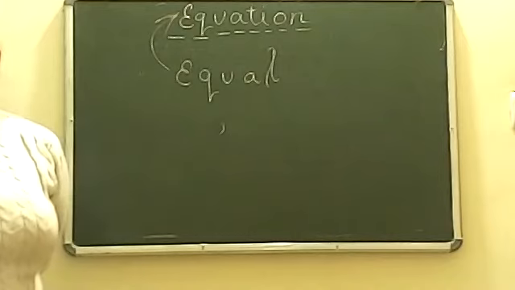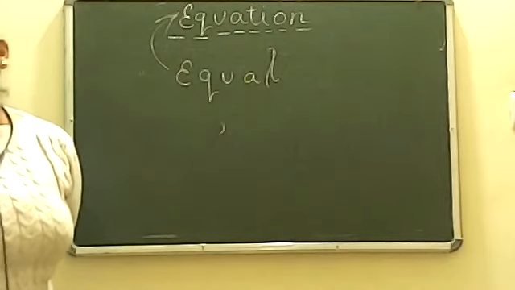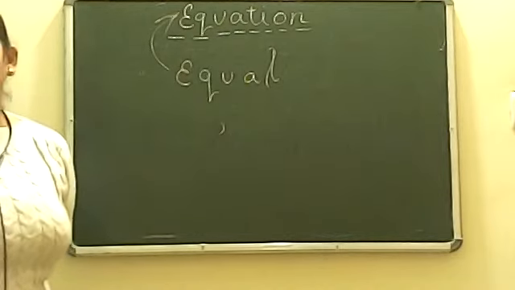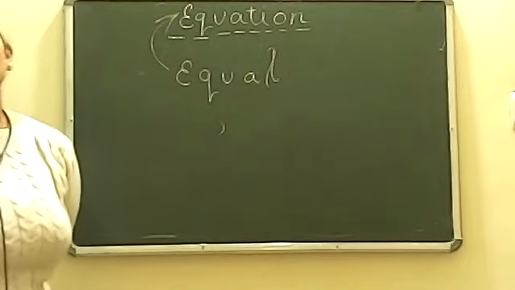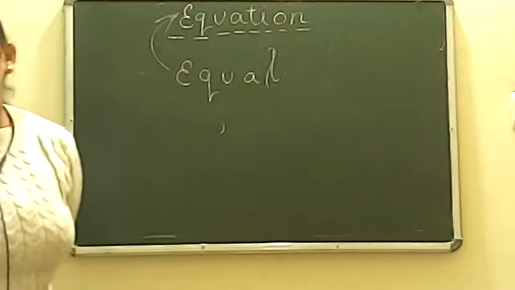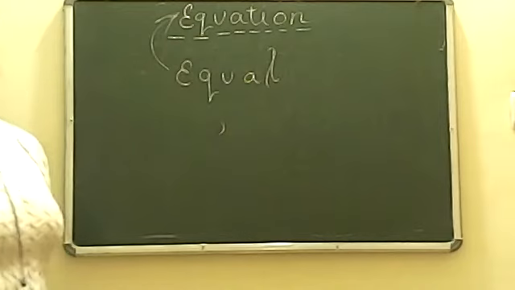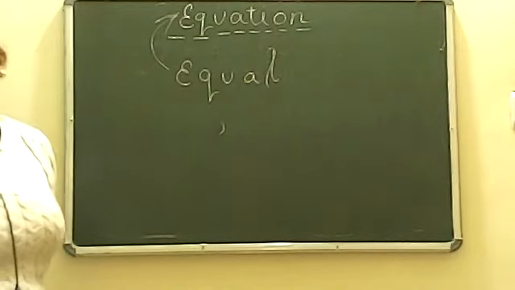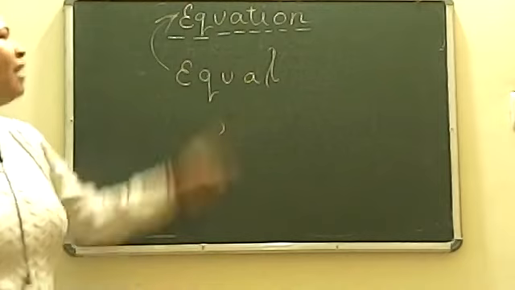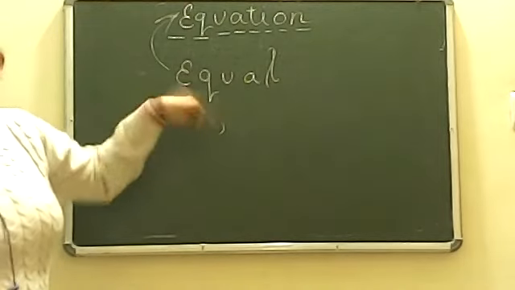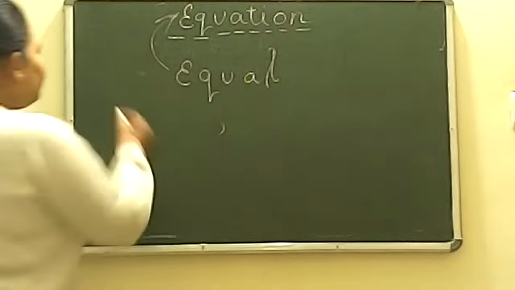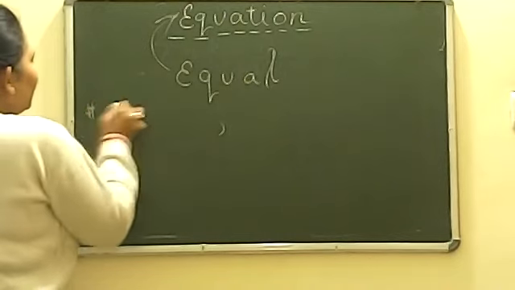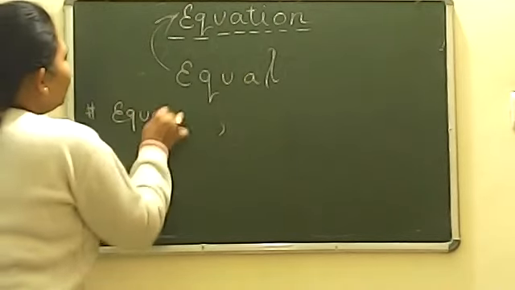This is the best way to understand it. If you are asked anywhere to identify what an equation is, remember equation means equality. Equality means equal sign. Now I am telling you the definition of it.